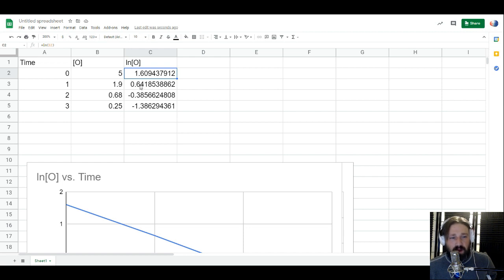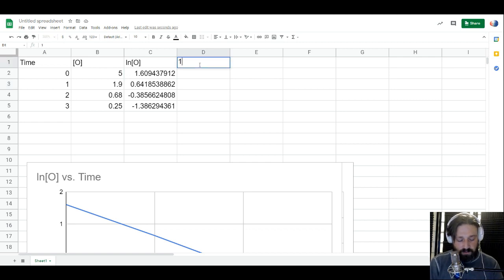Yeah, that's 1. Here to here is about 1, and then here to here is about 1. So that can be your way of realizing, oh, this natural log line is going to be straight.